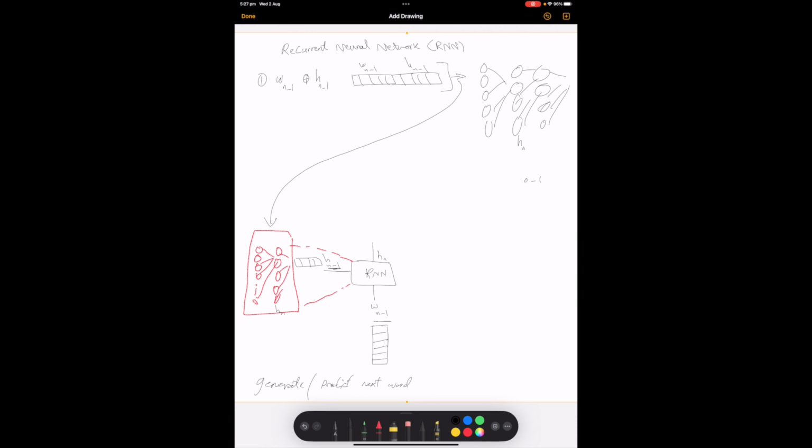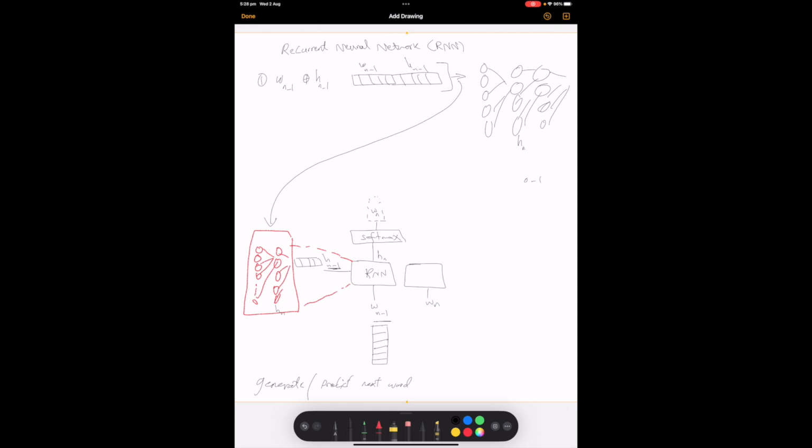So now we will have softmax, where all the words in the vocabulary will be given some probability score, and then we will get W_n. This W_n will be used in the next step, where it will be the current word.